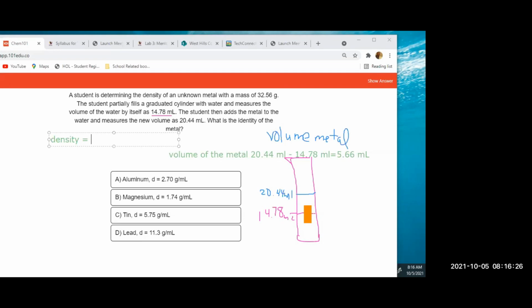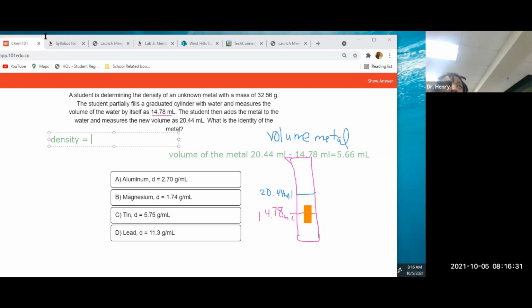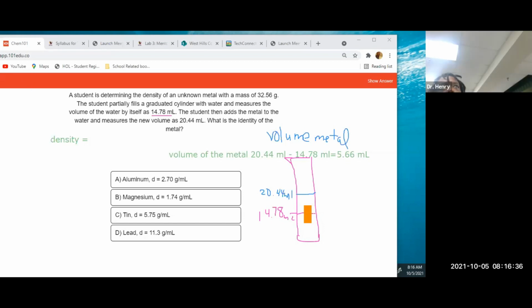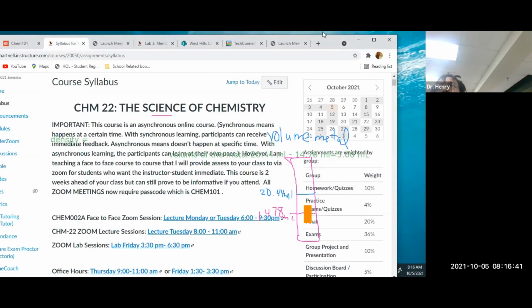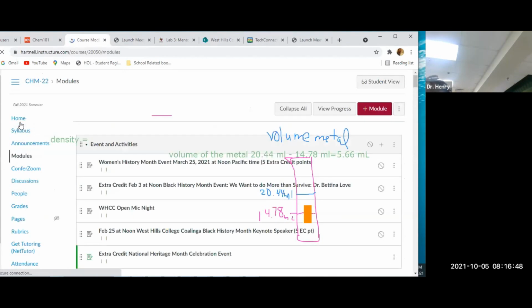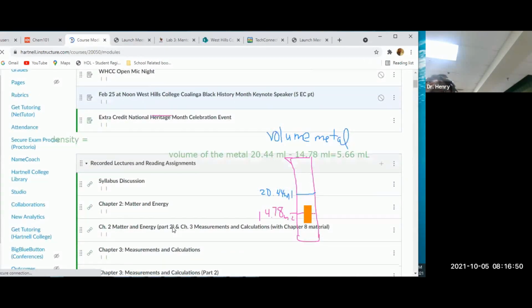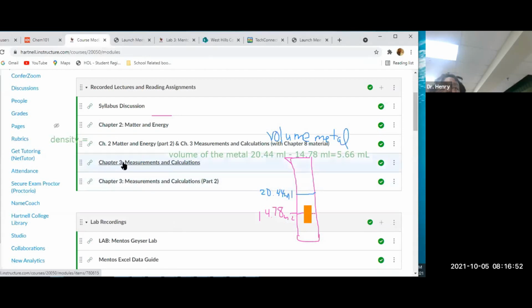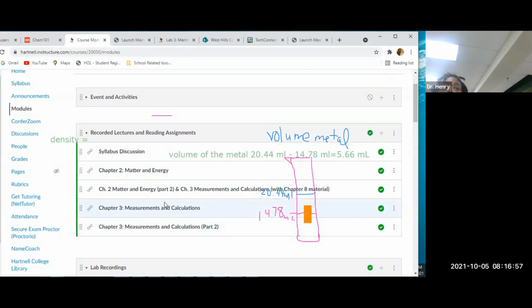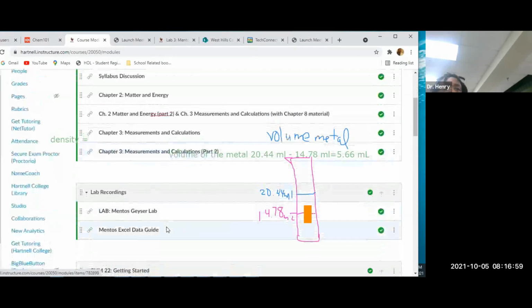I'm just trying to find the definition of it. The first thing that I would always do is look at the notes of the chapter that we just talked about. So if I go to the Canvas shell, I go to modules. I'd go to chapter 3, measurements.